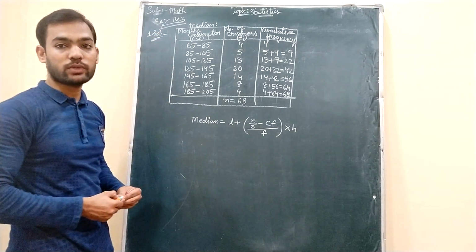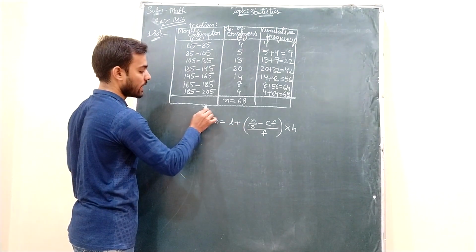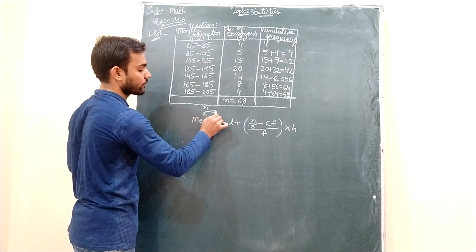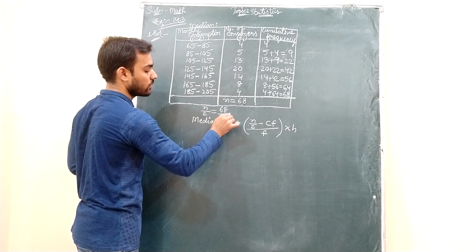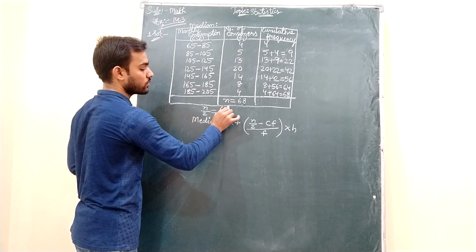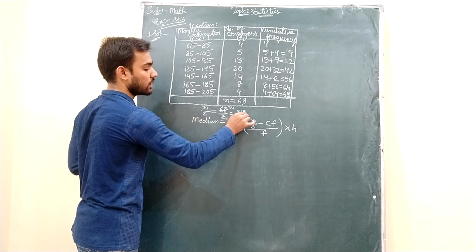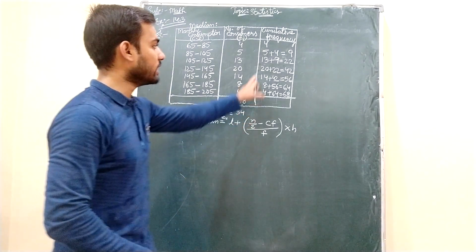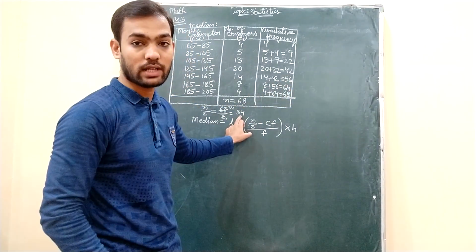Among them, which is the median class? You need to find n by 2. N value is 68 divided by 2, which is 34.